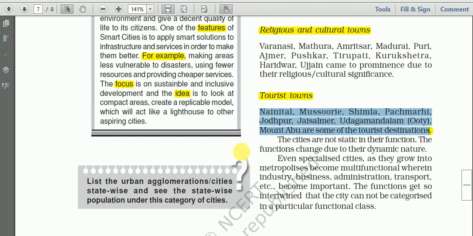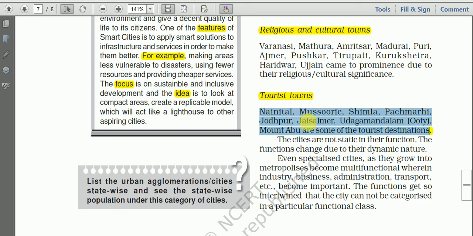Then Pachmarhi, Jodhpur, Jaisalmer, then Udagamandalam, that is Ooty in South India. Then Mount Abu, which is in Rajasthan, are some of the tourist destinations. Nainital, Mussoorie, Shimla are also in the Himalayan mountains. You may find the location using an atlas.